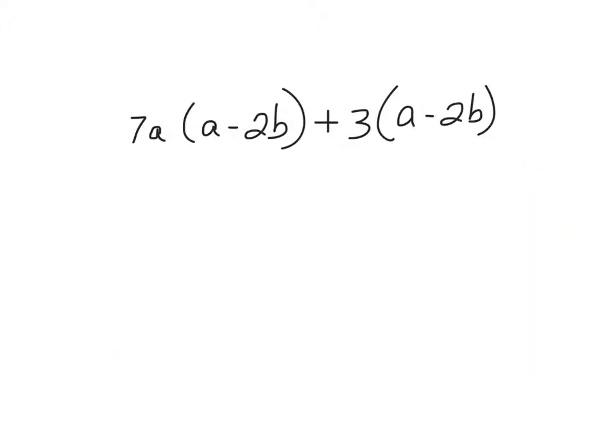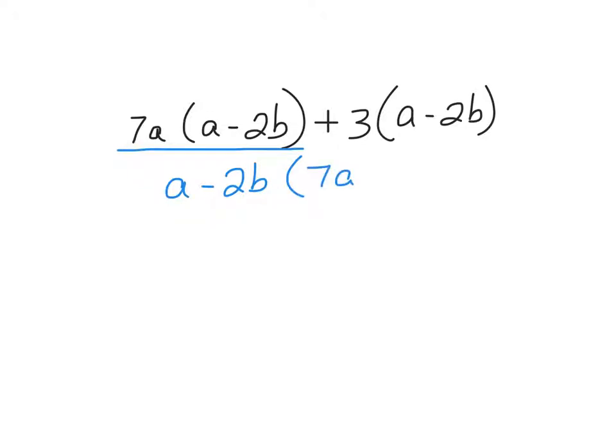Here's another example very similar to the last one. In this one, I have a common factor of a minus 2b in both of these terms. So I'm going to factor out my a minus 2b. In the very first term, if I factor out that a minus 2b, I'm left with 7a.